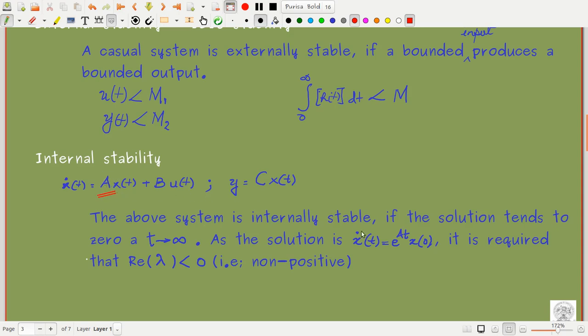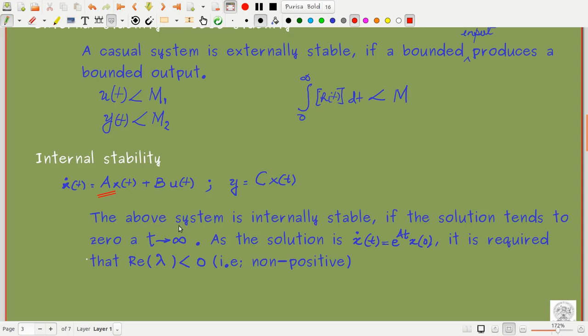If we write the equation for an unforced system, x of t is equal to e raised to At into x of 0. If the real parts of the eigenvalues lambda are less than 0, we say that the system is internally stable. We know about the stability conditions for the linear system.